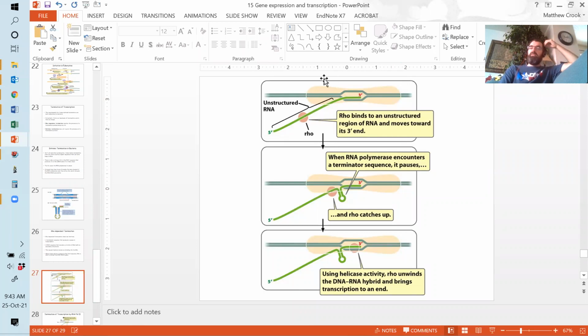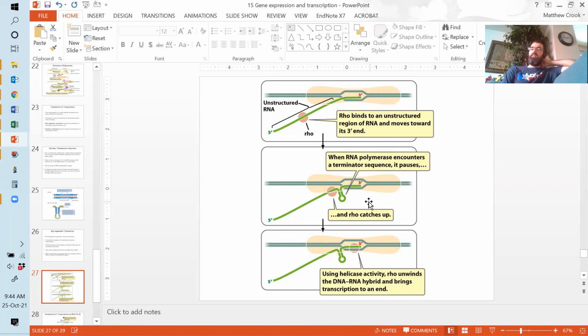And we have the RNA polymerase, which is busy happily transcribing DNA into RNA, right? So Rho binds and it's going to move along. It's kind of pulling itself along the RNA sequence as fast as it can. And RNA polymerase is moving along the DNA, making that RNA as fast as it can too, right?